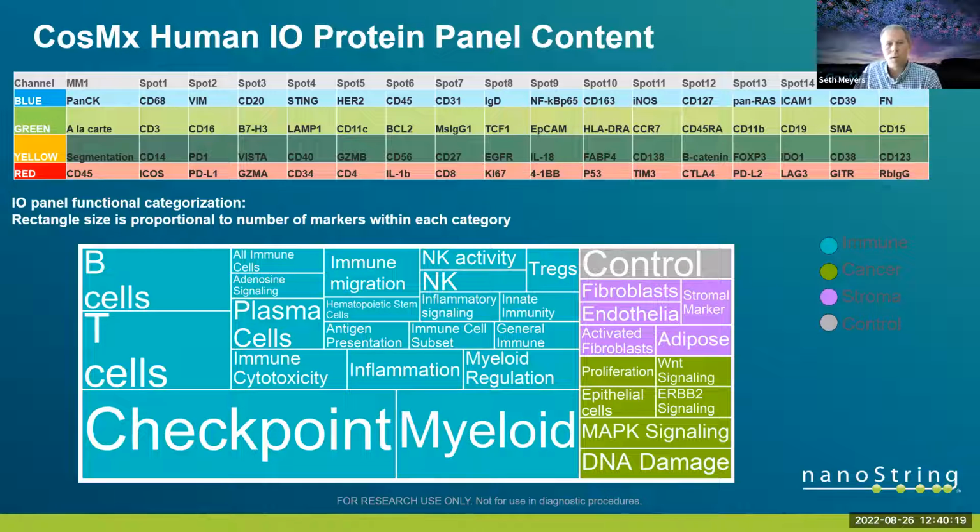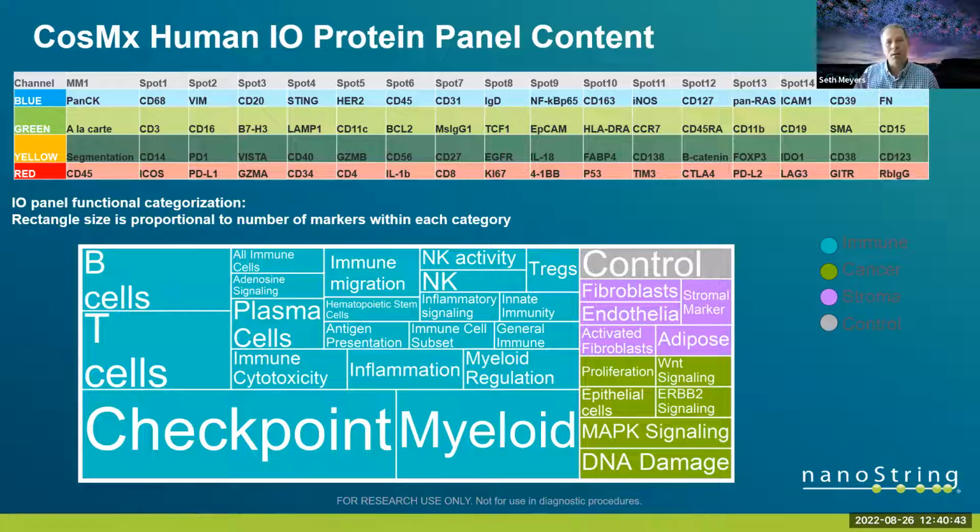So looking at cancer, stroma, and controls, and we include all these different protein markers. So lots of different options there. So that's our panel offering and an overarching thought around what CosMx is, how the technology works, and a data set looking at diabetes specifically that I hope was impactful there.